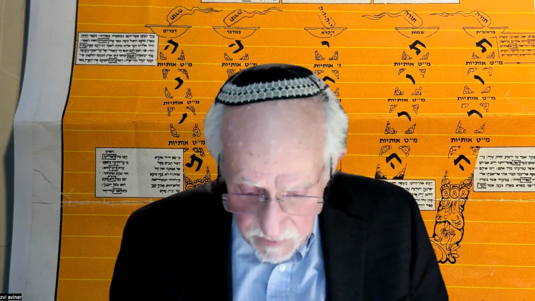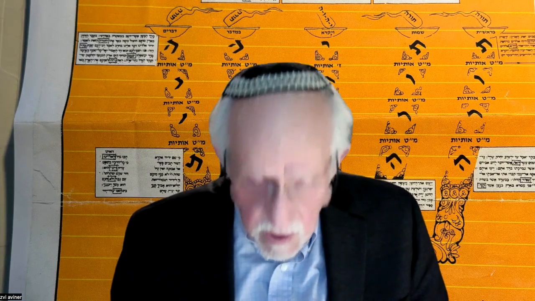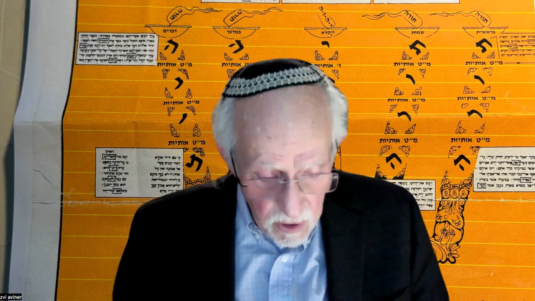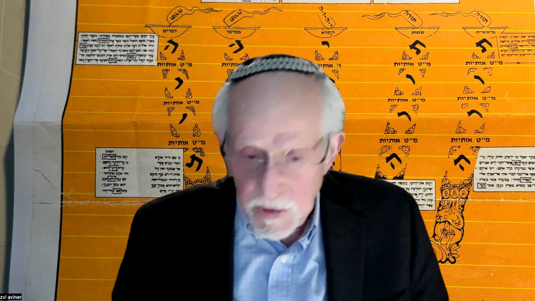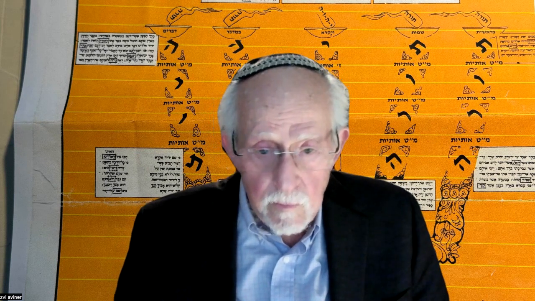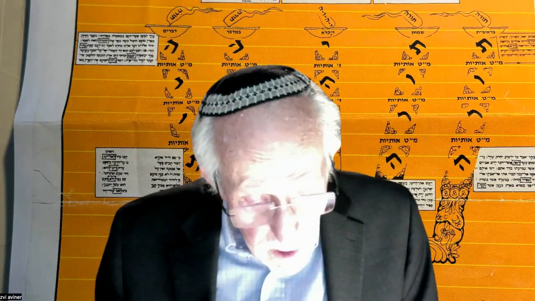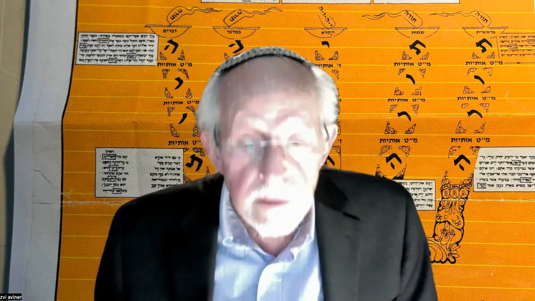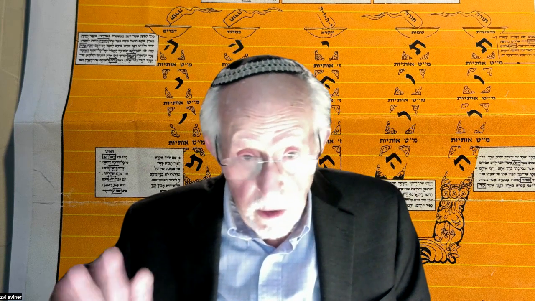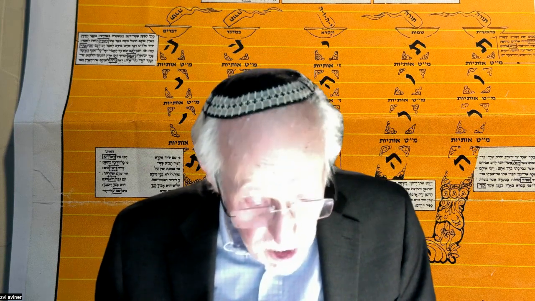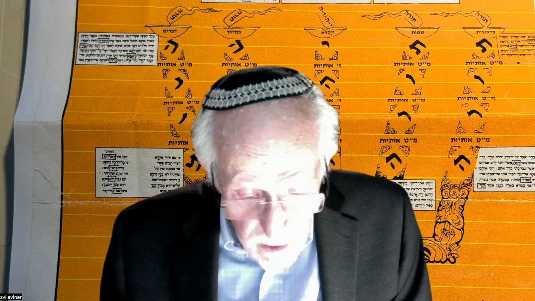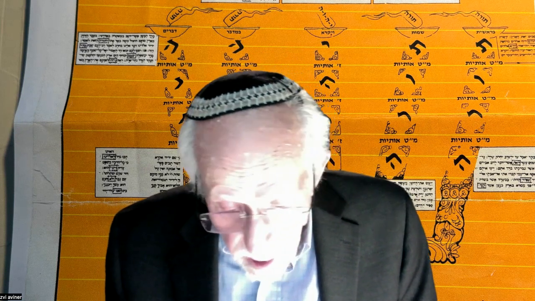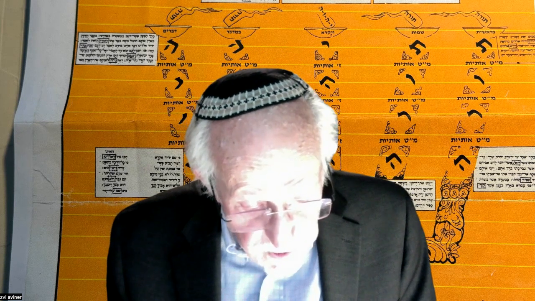So for that, let's read now the Torah text. And he called to Moses. He doesn't say who. And Hashem spoke to him from the tent of meeting, saying, speak to the children of Israel.